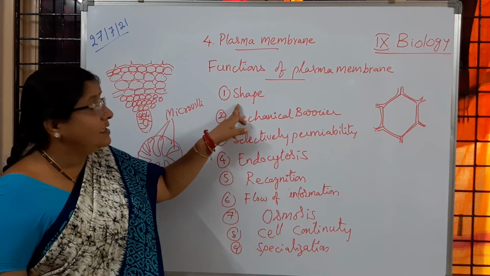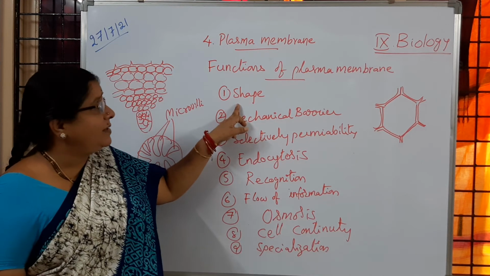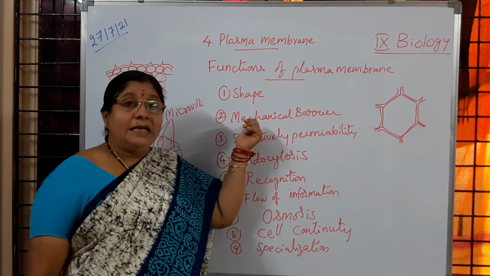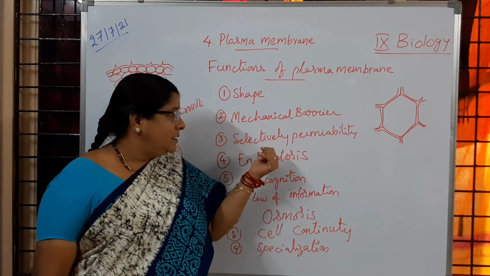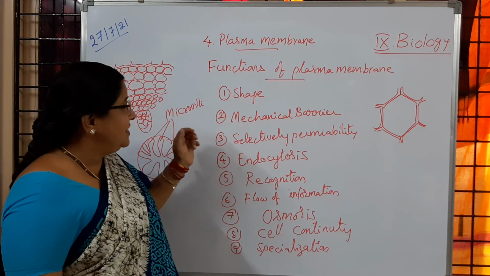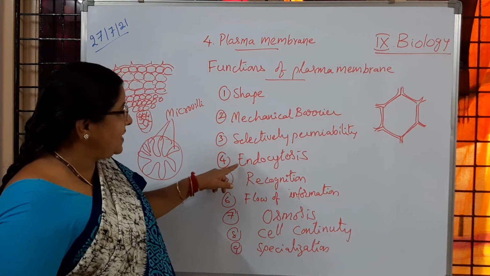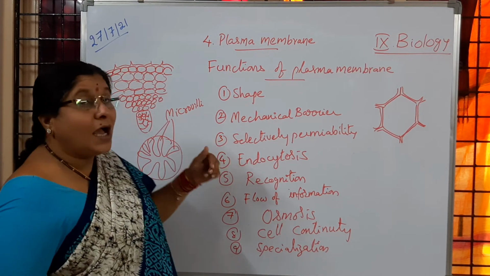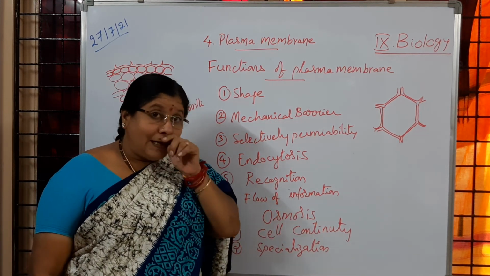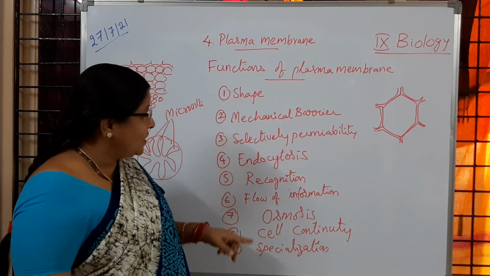Each and every cell is given its own definite shape because of the plasma membrane, and it acts as a mechanical barrier. Then selective permeability that we observe in the living system is because of the plasma membrane. Endocytosis, how amoeba gets its food, or other organisms also.